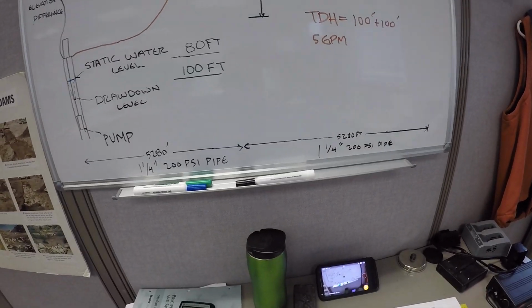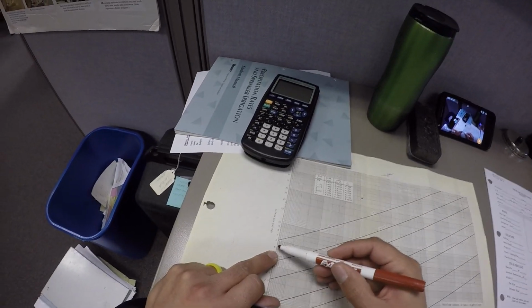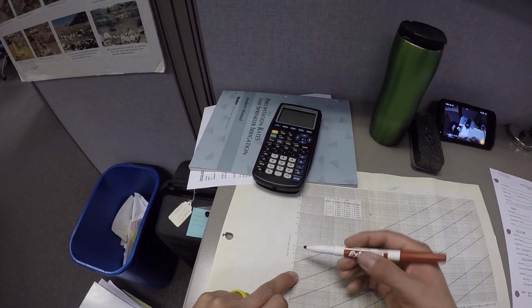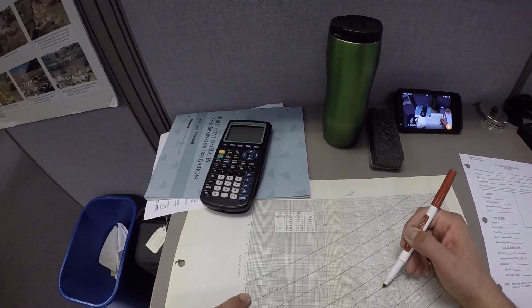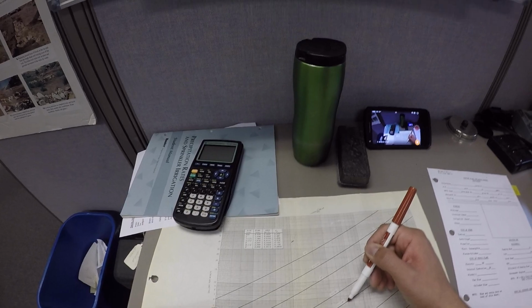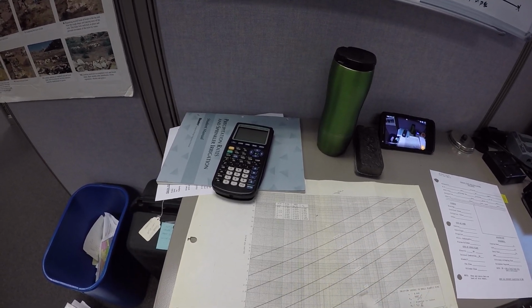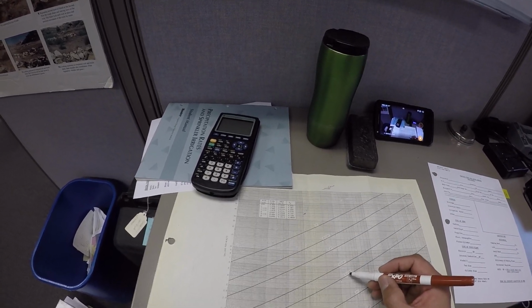So on this chart, all a person has to do is go to 5 GPM, which is on the chart. You can't see the numbers, it's right where my pen tip is. Then you're going to go all the way across to 1.25 inches, because we're using 1.25 inch pipe. You have these lines that are going diagonal. Those represent different pipe sizes. We're going to go to 1.25 inches, which is this line.